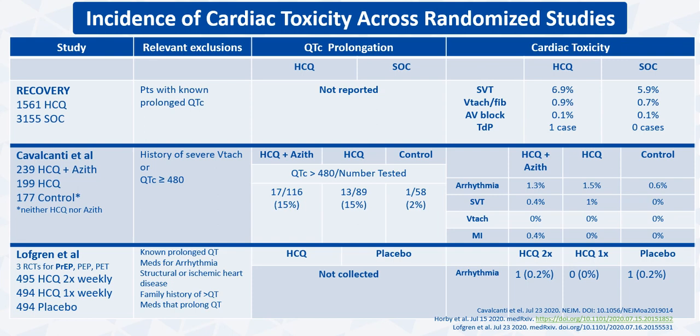The data that they reported with these arrhythmia events only came from the pre-exposure prophylaxis study, which went on for 12 weeks. One person in the hydroxychloroquine arm, receiving hydroxychloroquine twice weekly, had an arrhythmia for which they were hospitalized. One person in the placebo arm had an arrhythmia for which they were hospitalized.